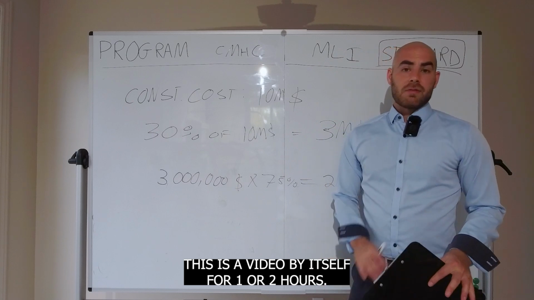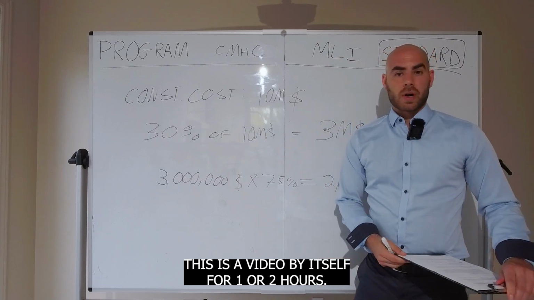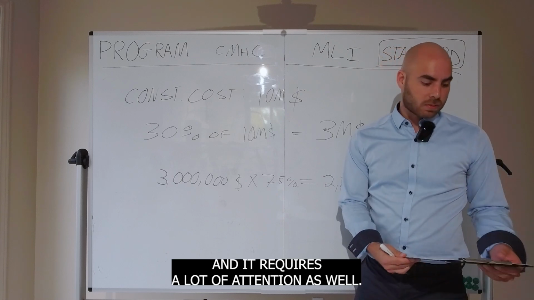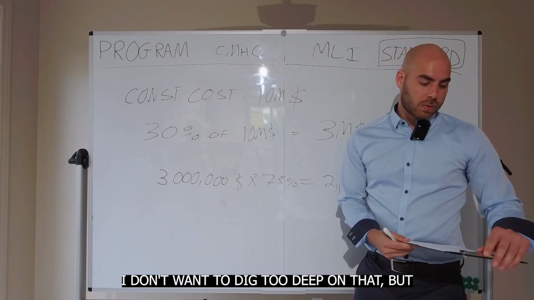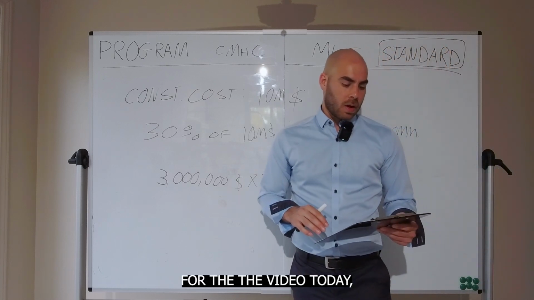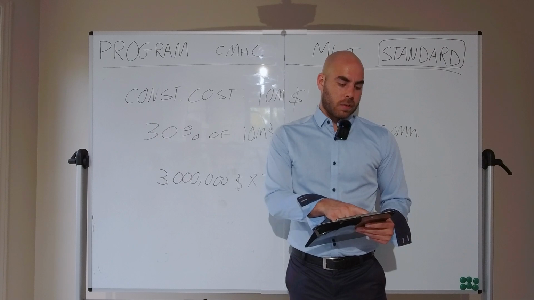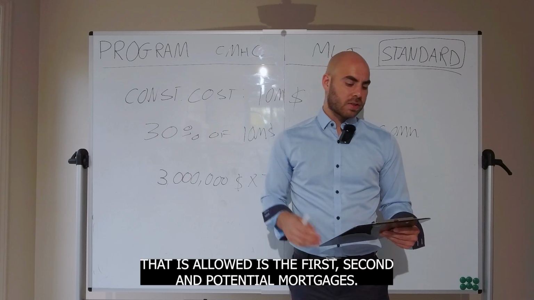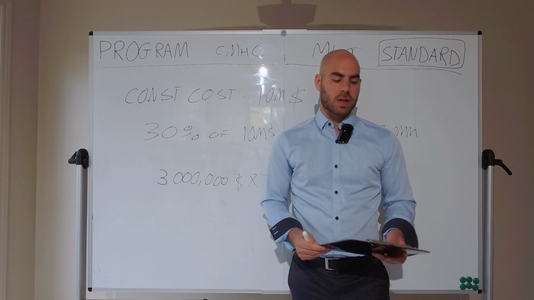This is a video by itself for 1 or 2 hours, and it requires a lot of attention as well. I don't want to dig too deep on that, but for the video today, the security type that is allowed is the first, second, and pari passu mortgages.